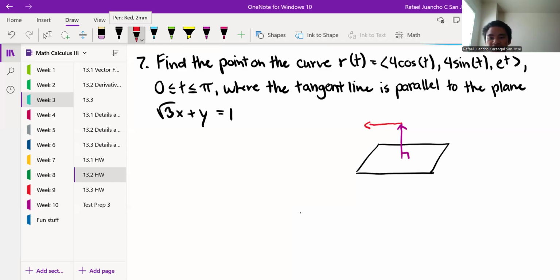And if it's parallel to the plane, then that means it's perpendicular, right? And so if this were, let's say, V, this is N, well, we can derive that the dot product of these two vectors should be 0. So that's one thing to note.